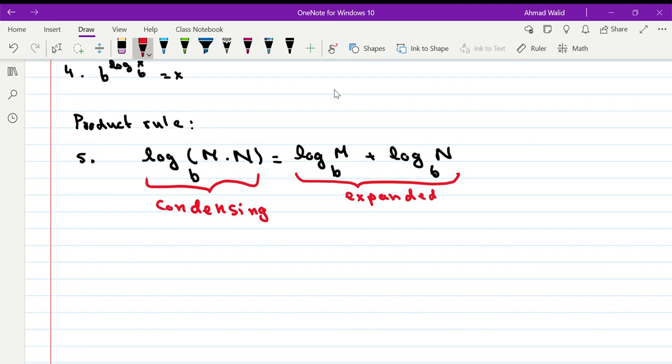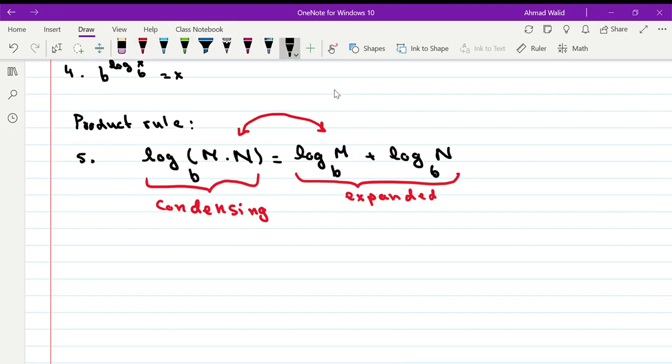Remember, if they give you one single logarithm and ask you to write an expanded form, you go this way. If they give you an expanded form and ask you to write it as one single logarithm, you go backward this way. That's why I put an arrow with two sides on the top.